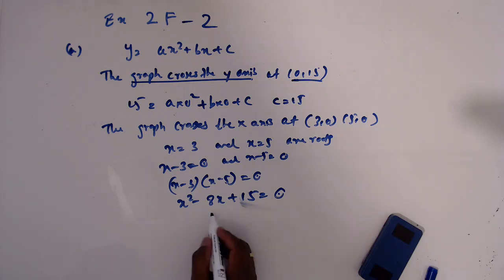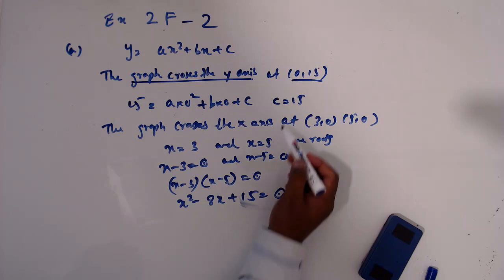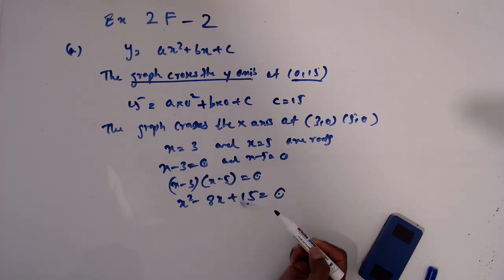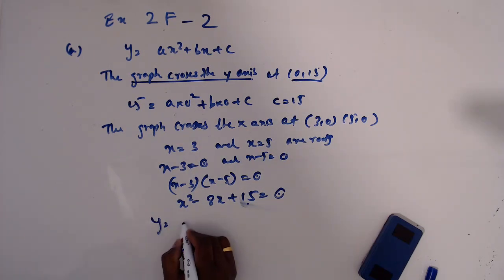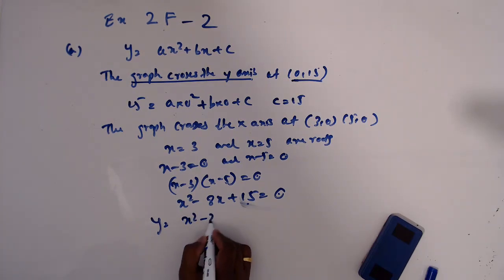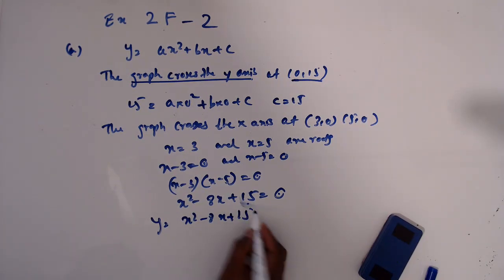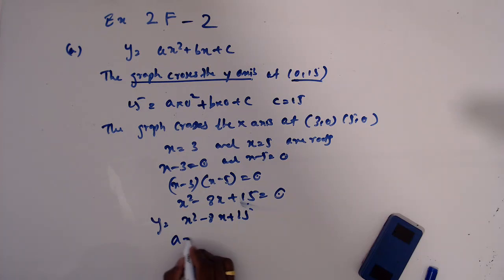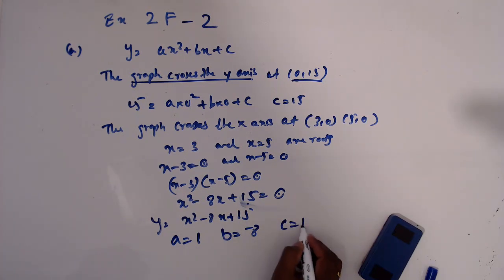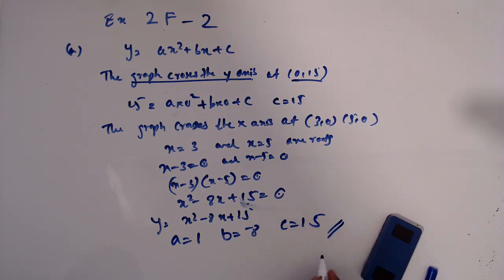It means what is the graph? Okay, c value is matched. Hence the graph is y equal x square minus 8x plus 15. So a equal 1, b equal minus 8 and c equal 15.